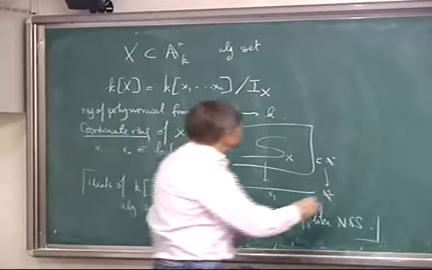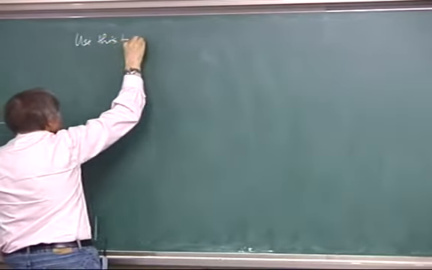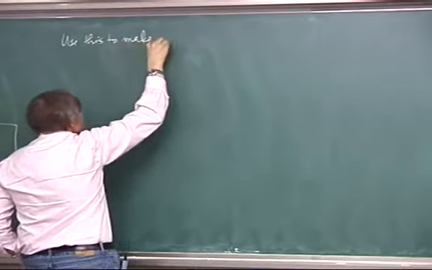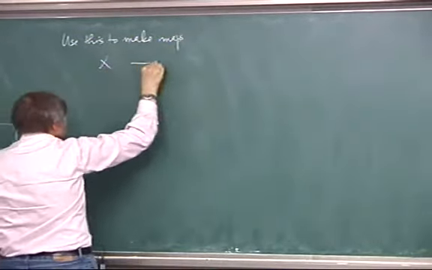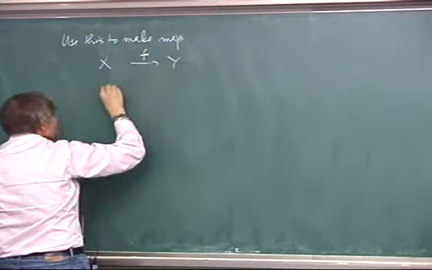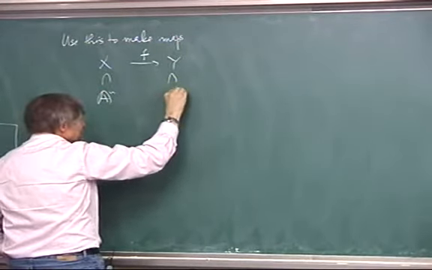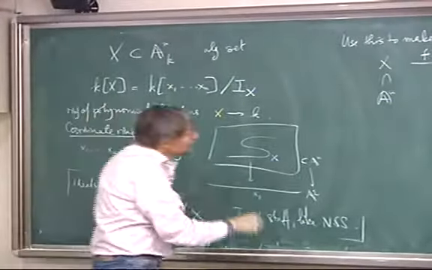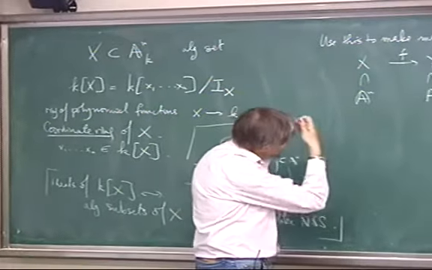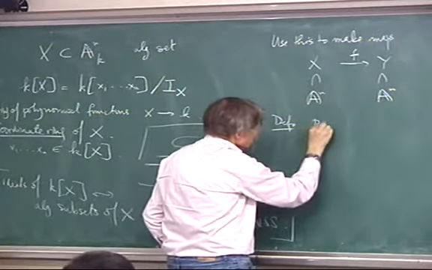Okay, so now I want to use this to make maps, say X to Y, if this is A^n and this is A^m. So if I've got two different algebraic sets, this is just a definition, polynomial map.